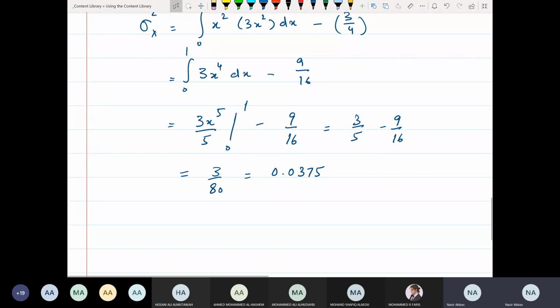Similarly, if I ask you to find the standard deviation, the standard deviation of x will be the positive square root of 0.0375, and this is 0.194.